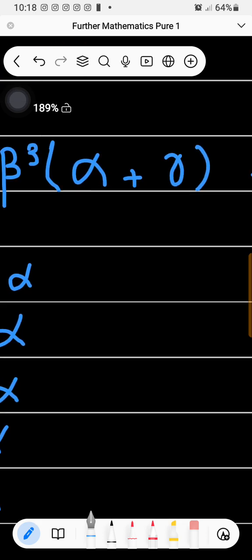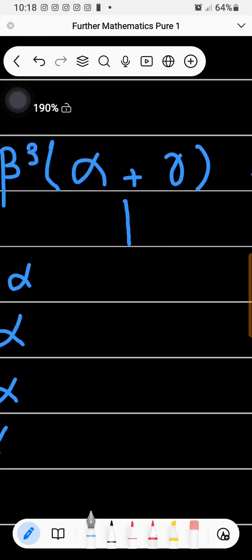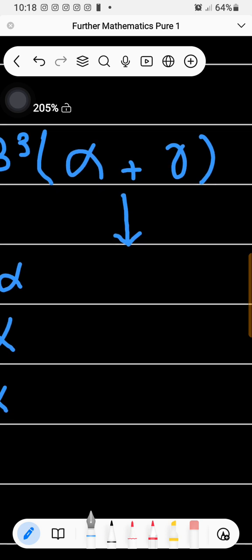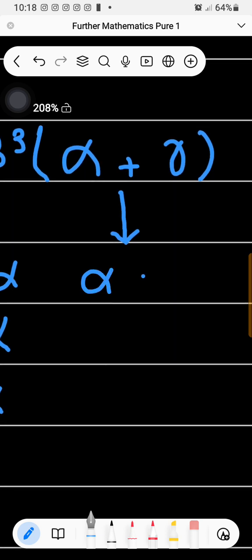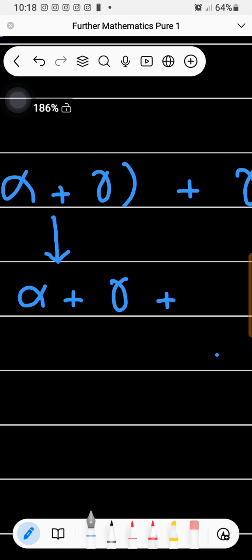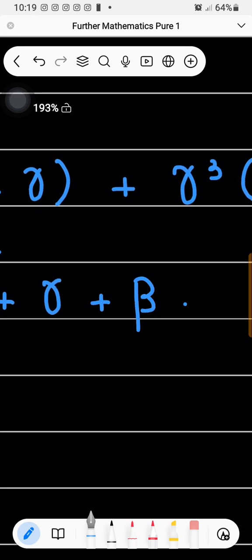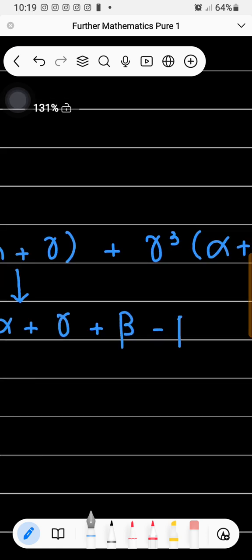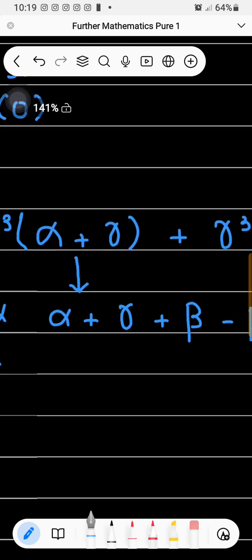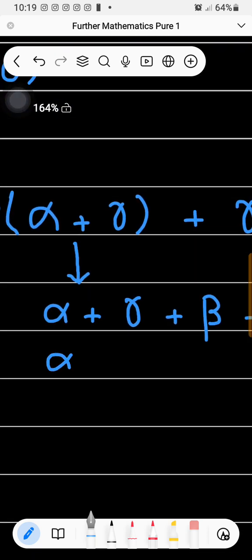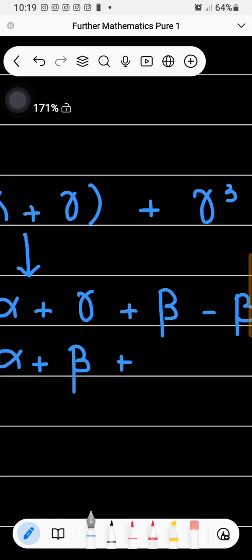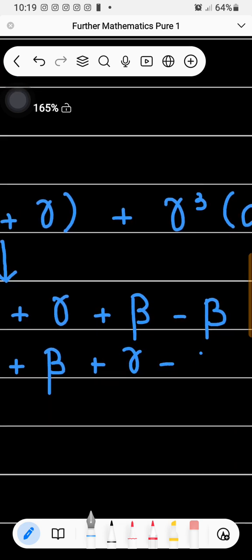We will work out the same for this. We will write it as alpha plus gamma plus beta minus beta. Then we write it as alpha plus beta plus gamma minus beta.